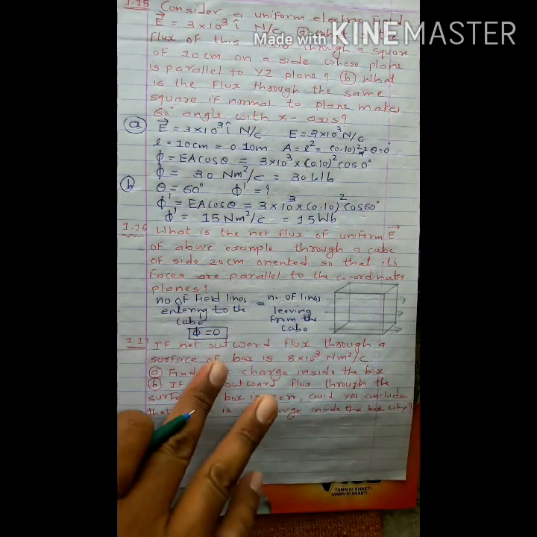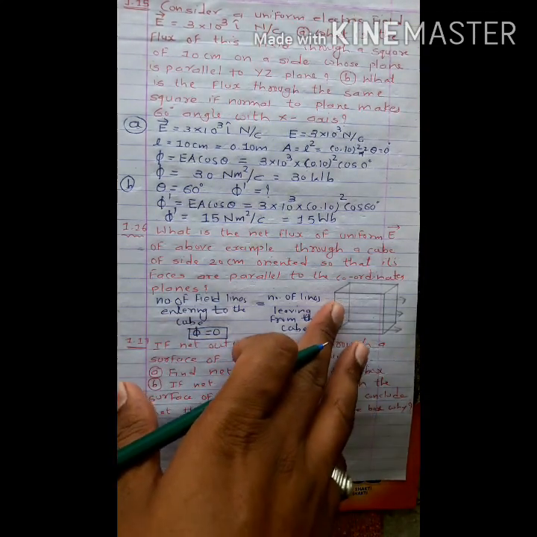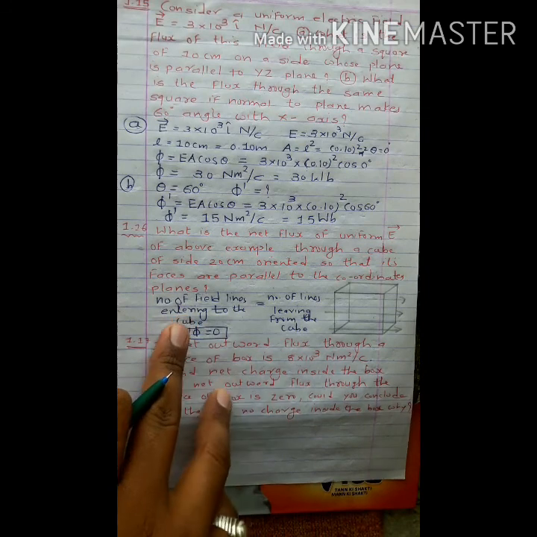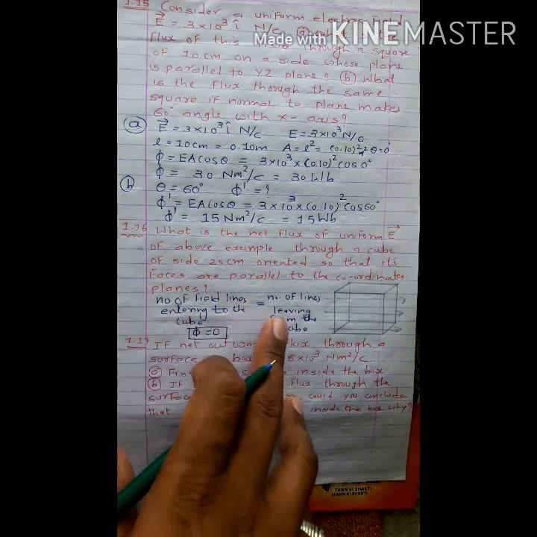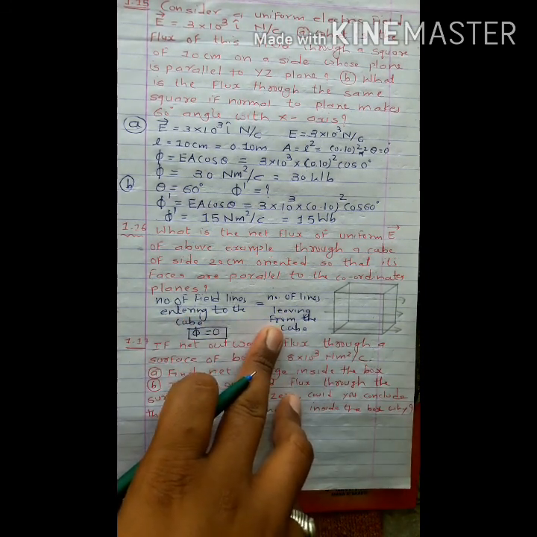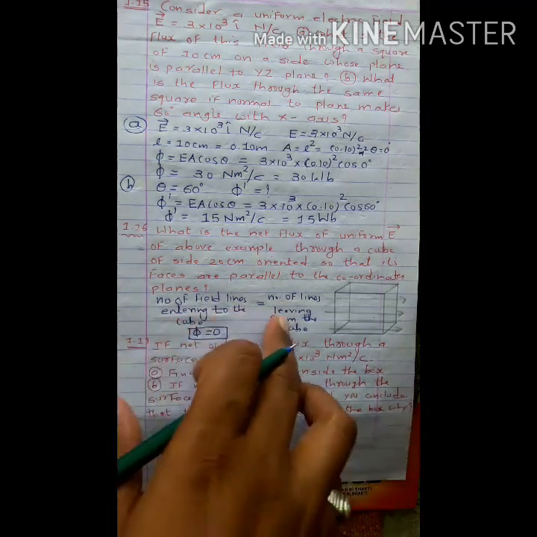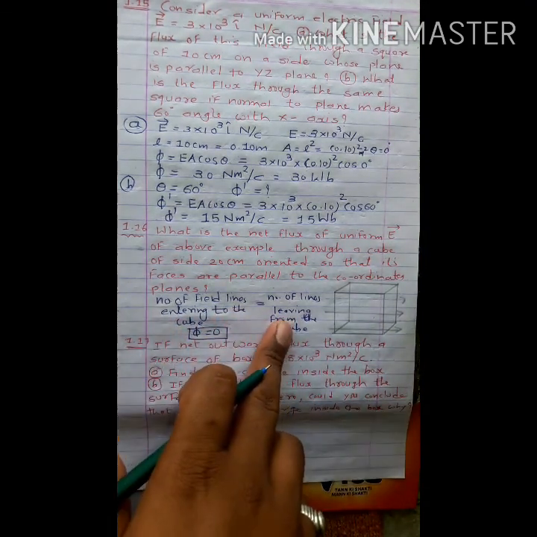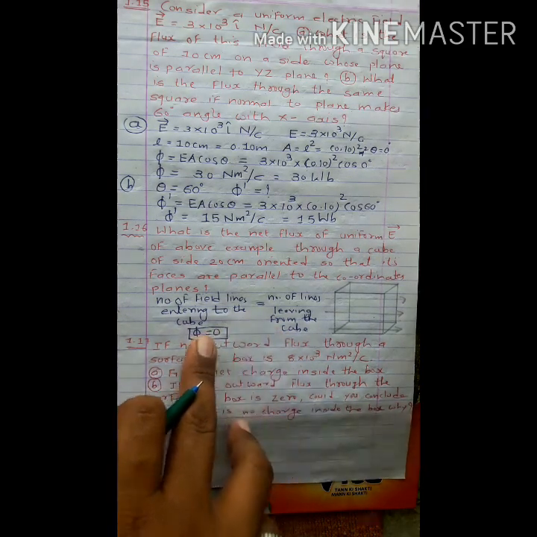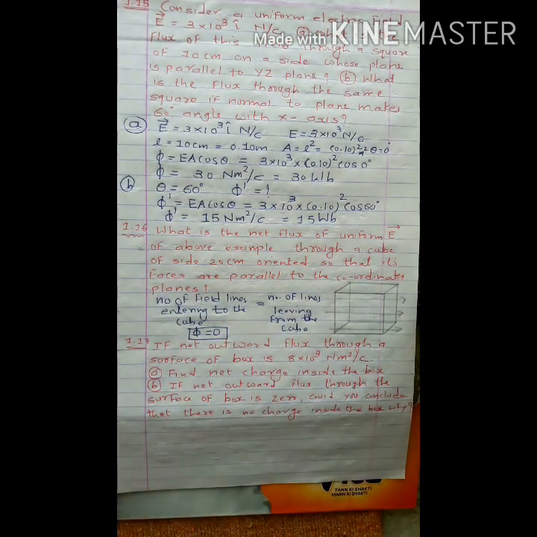Okay, this is a standard situation. If field lines are entering the cube, the flux is positive. If field lines are leaving the cube, the flux is negative. And here the number of field lines entering the cube is equal to the number leaving the cube, so the flux linked with this surface is 0.